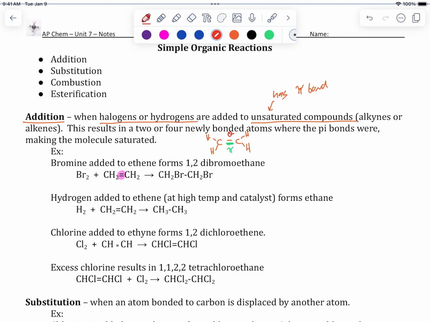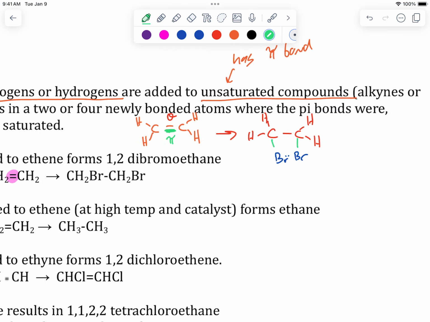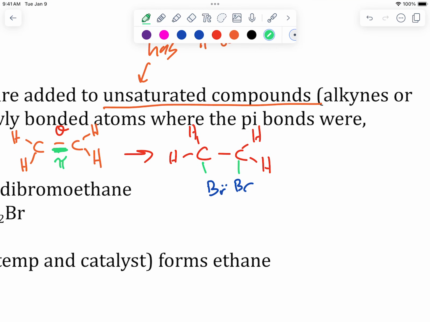So what can happen is as that pi bond is broken, bromine atoms can swoop in here, and then the bond between them can break. So imagine that they're bonded, but as they approach ethene, the bond between the bromine molecule breaks, and a new bond is formed between individually the carbons and the bromine.